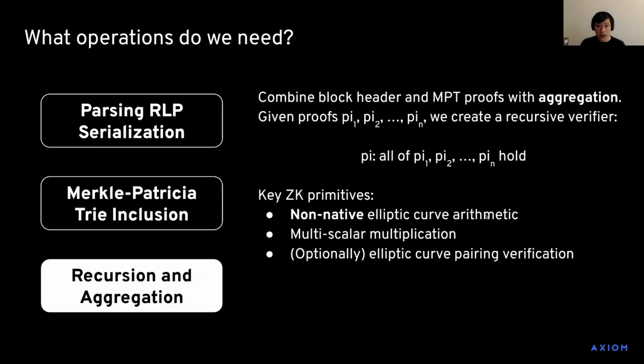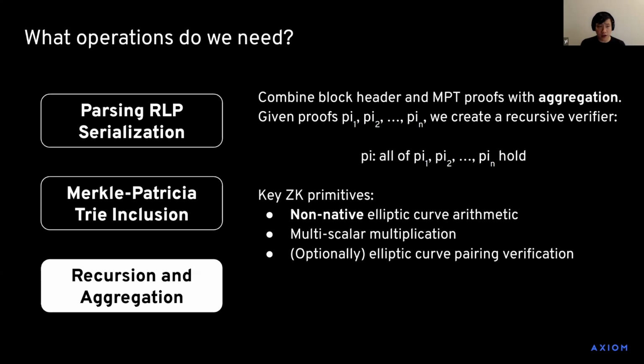Okay, so we now have RLP serialization and Merkle-Patricia trie inclusion. What we need to do is to take proofs of block headers and Merkle-Patricia trie proofs for accounts, storage, transactions, or receipts, and combine them together. We can prove some number of these in each proof, but when we want to make aggregate claims about many of them, we need to combine proofs.